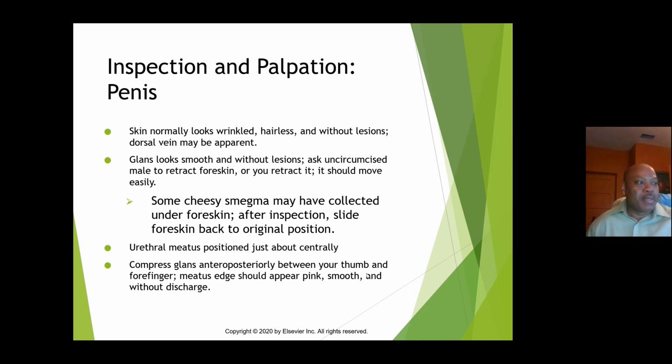The meatus and flesh edge should appear pink, smooth, and without discharge. Starting on page 692, there are normal findings as well as abnormal findings, and that would be very important for you to take a look at.